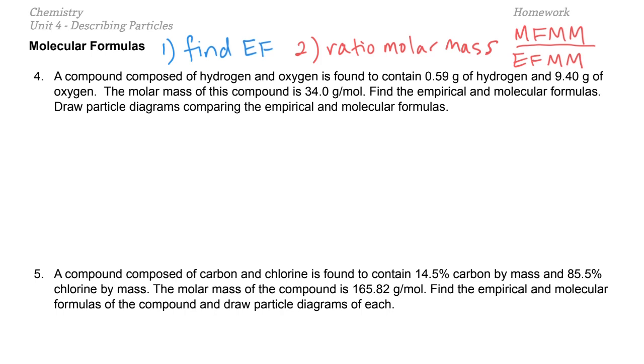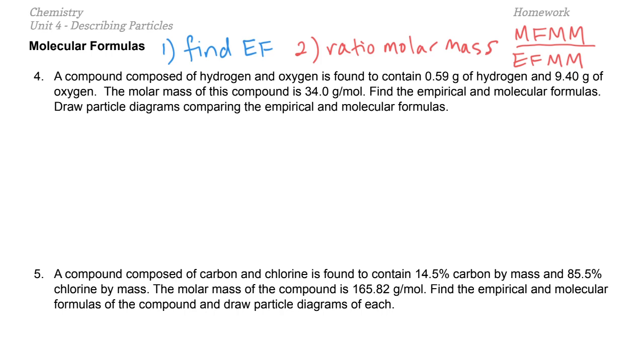Because the empirical formula will always be a simplified ratio, the molecular formula will always be a whole number multiple of the empirical formula. Sometimes that whole number might be 1, but the molecular formula will always be times 1 or times 2 or times 3. It will always be whole numbers. So let's do an example to see how this works.